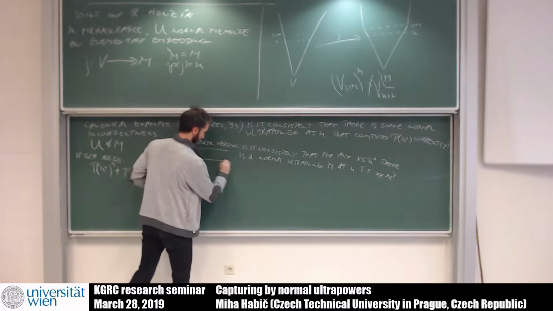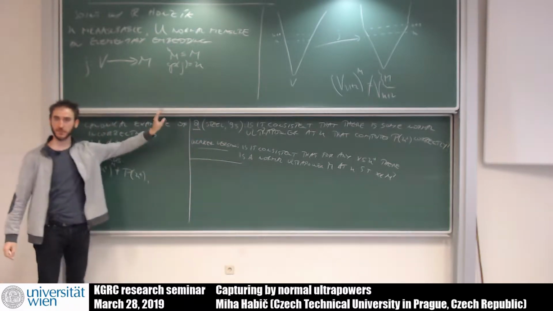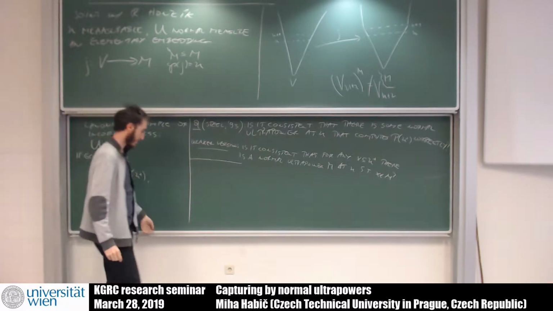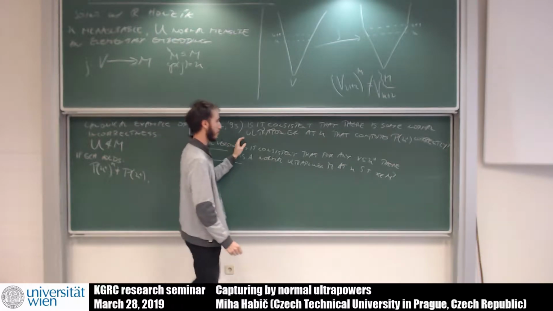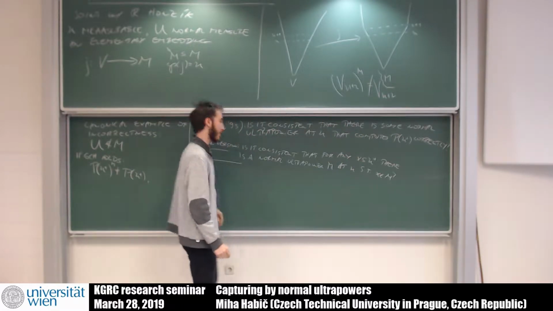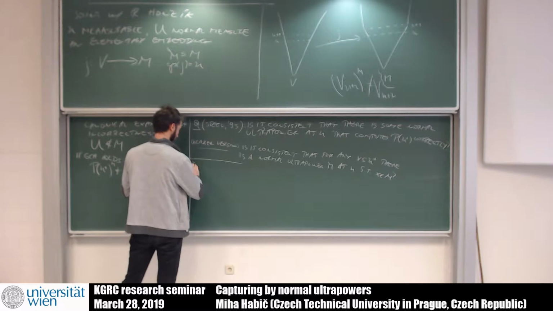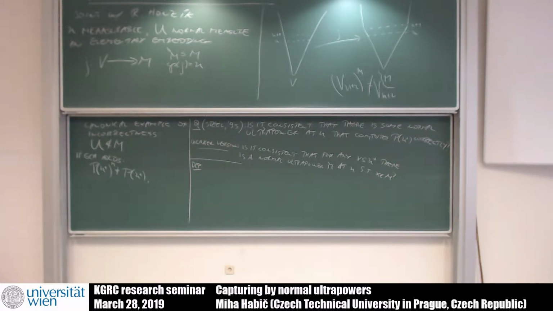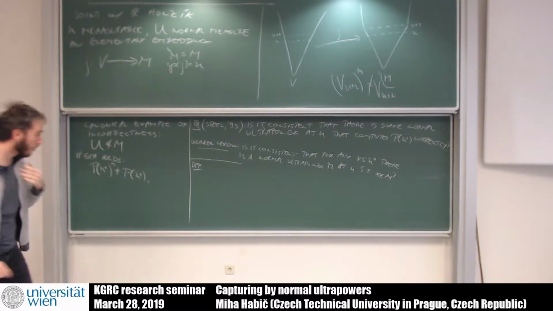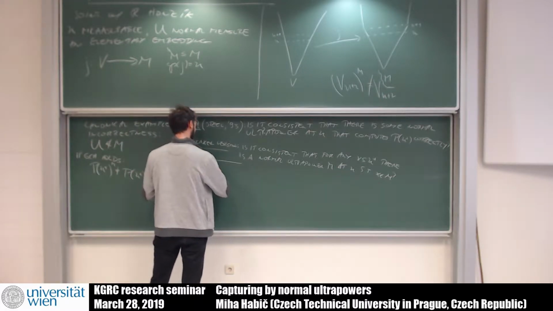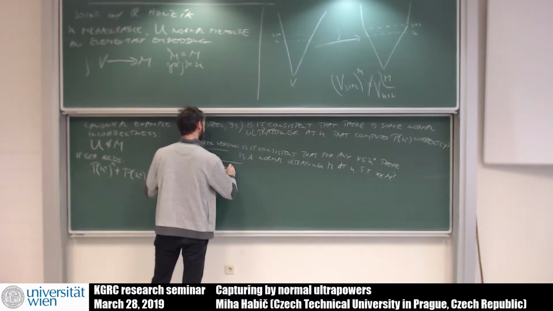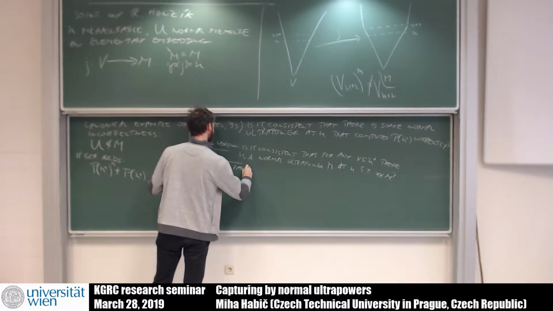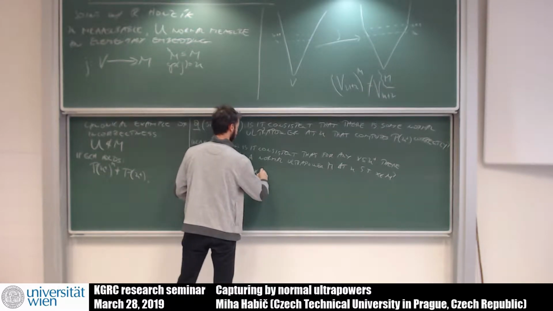So let's introduce some terminology so that I don't have to keep writing all of these words down. Definition: let kappa be measurable and x a set.